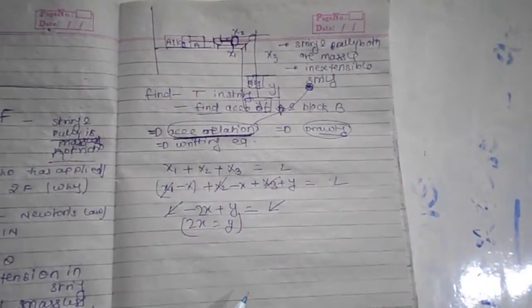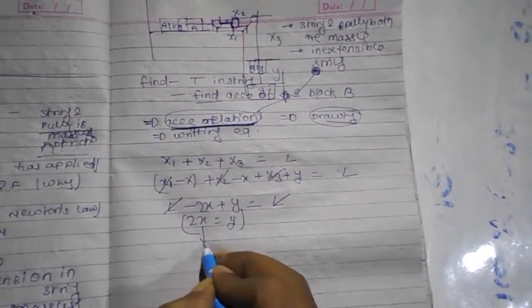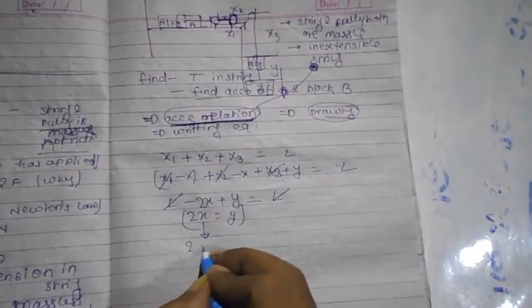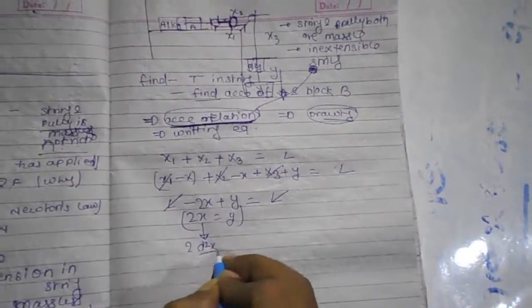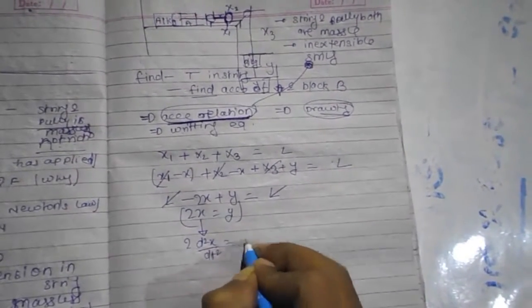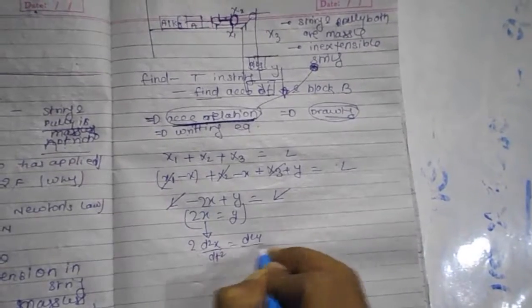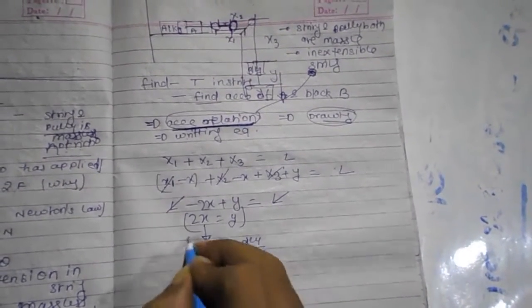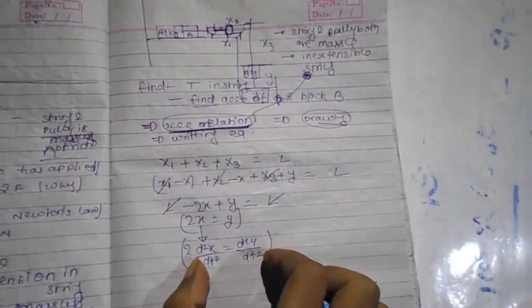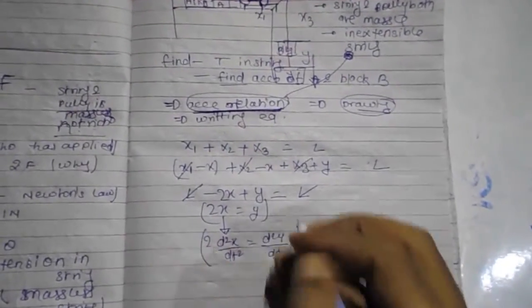So here it is very simple to establish the relation. Okay guys, and now if you are familiar with differentiation, then 2 d2x by dt2 should be equal to d2y by dt2. This is very simple, you should do it by yourself.